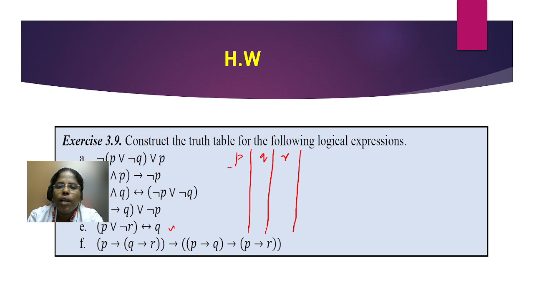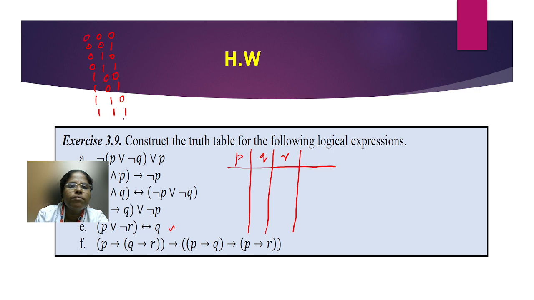If it is 3 values, how can you take it? 0, 0, 0, 0, 0, 1, 0, 1, 0, 0, 1, 1, 1, 0, 0, 1, 0, 1, you know the binary, then 1, 1, 0, 1, 1, 1. So totally you will have 8 values.